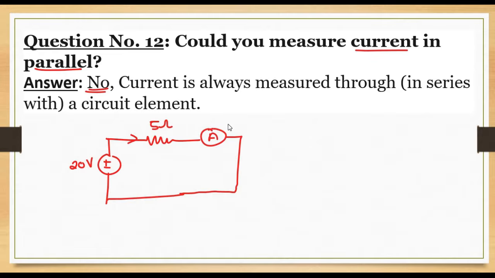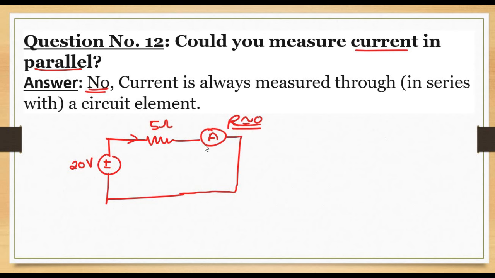Ammeters are designed such that the resistance of an ammeter is nearly equal to 0, so that whatever current is flowing through the 5 ohm resistance will exactly flow through it, and it will minimize the errors.